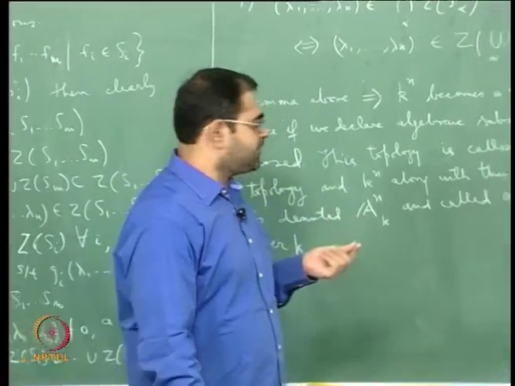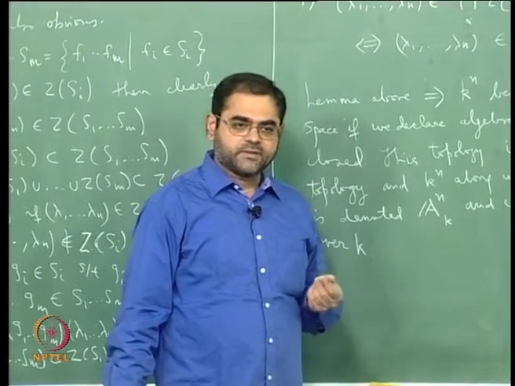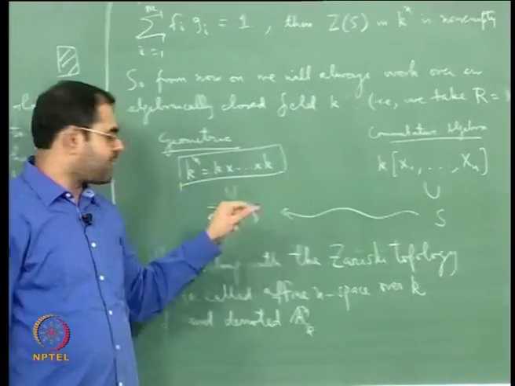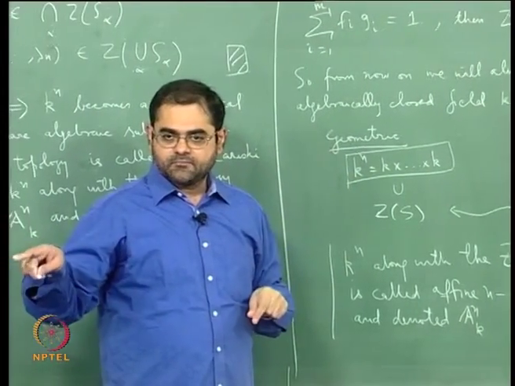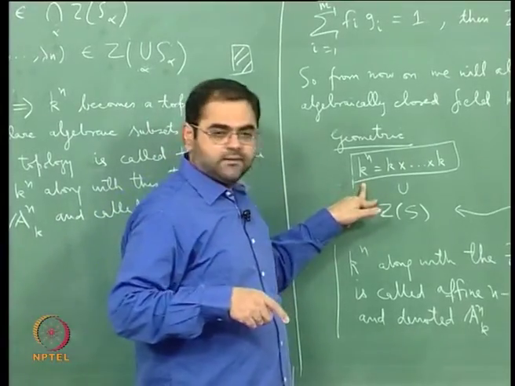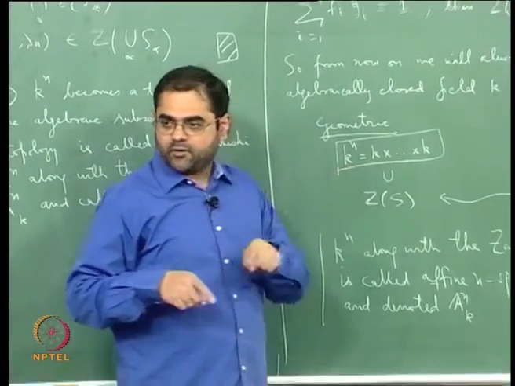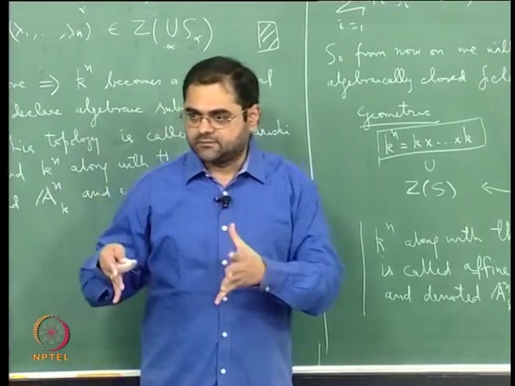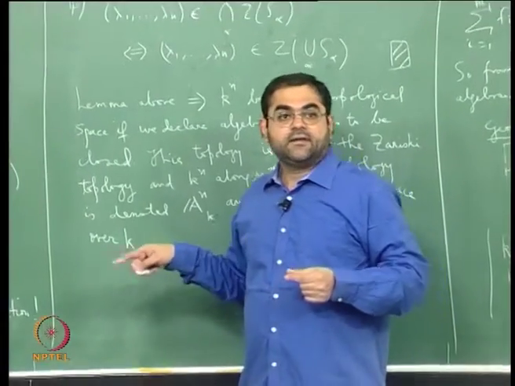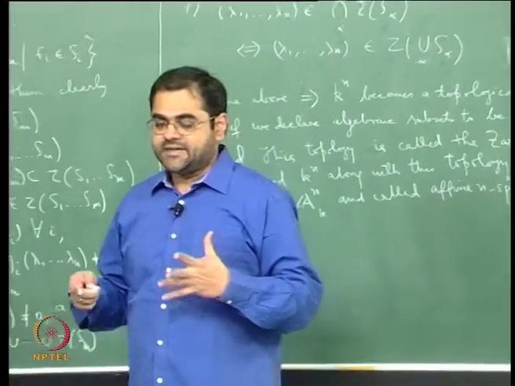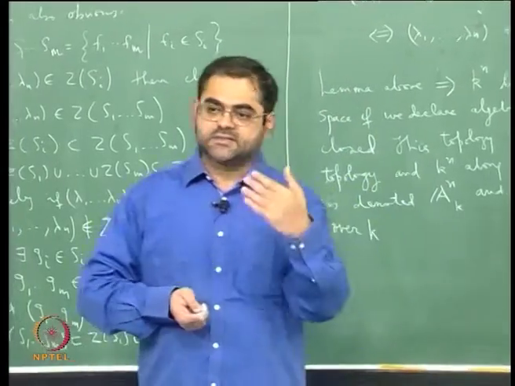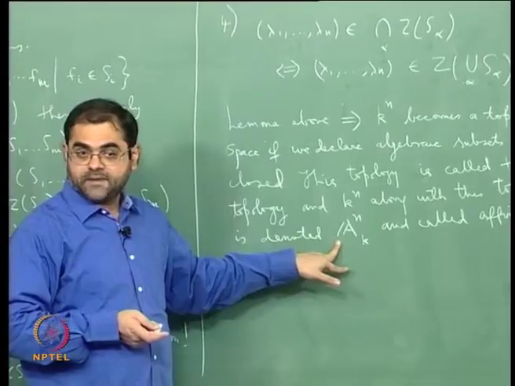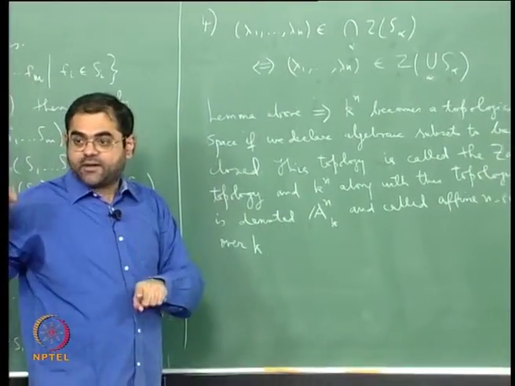If you want you can try it out as an exercise, that you take any polynomial here and think of it as a map from Kn to K, evaluating every point on that polynomial will produce an element of K. So every polynomial becomes a function on this affine space, and then check that that function is actually continuous for the Zariski topology, because the source space is Kn with the Zariski topology, which is A^n_K, and the target space is K, which is A^1_K.